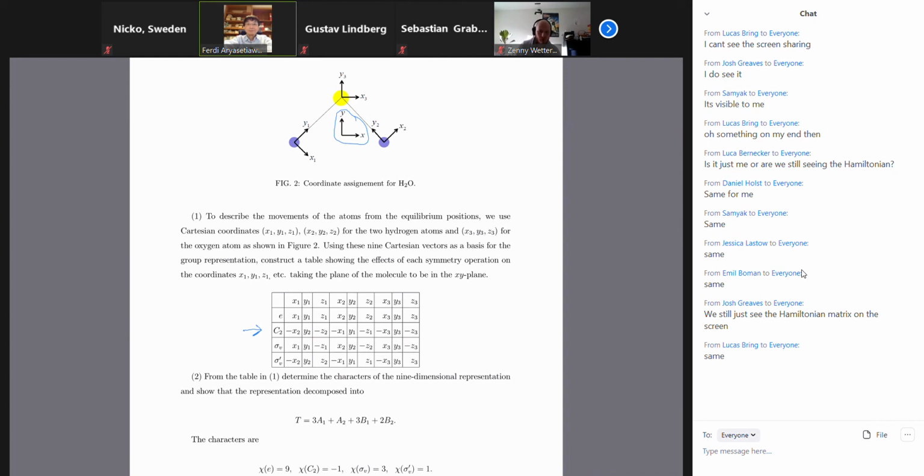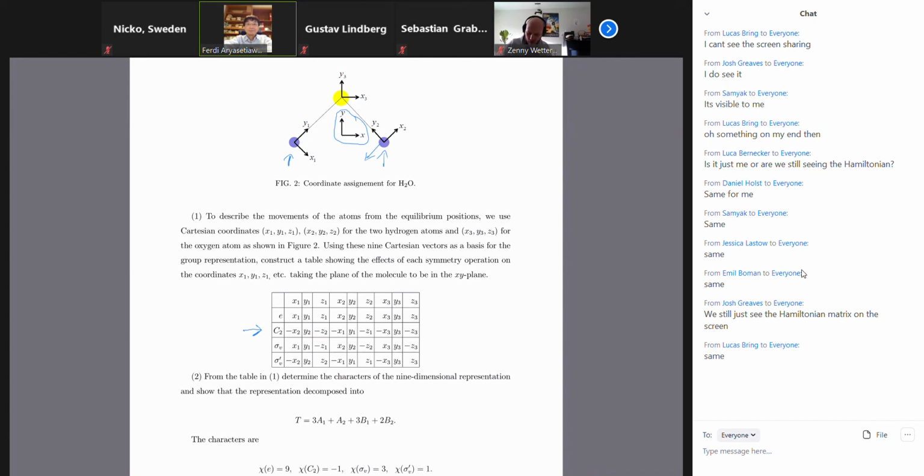Then we see that x1 will be brought into minus x2. Because when we rotate, the hydrogen atom here will end up there, and x1 will then point this way, so that's minus x2. y1 will end up the same as y2, so that's nice.